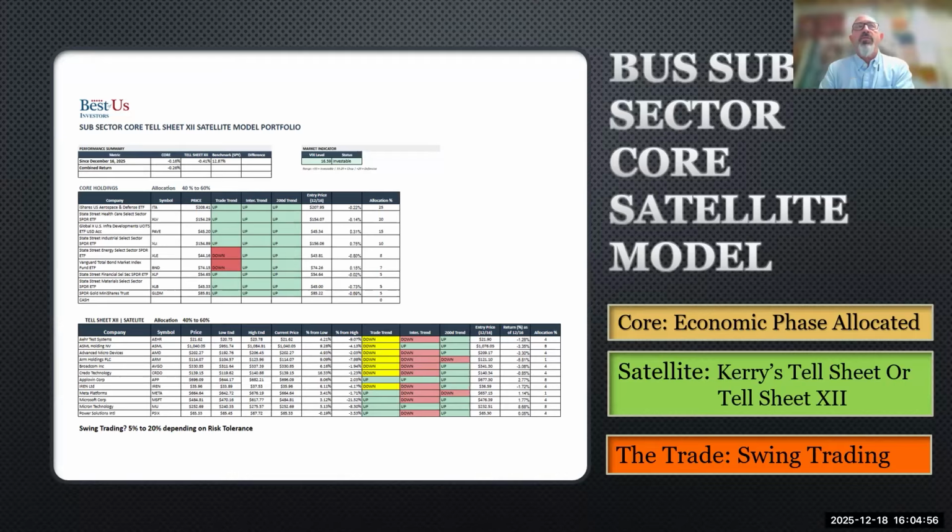Now, the thing about these portfolios that you can see here as well, I talk about my intermediate trend and Tudor Jones 200-day moving averages. And I put this on here because I'm still risk managing. I'm still using my technical analysis approach that Mark uses that he talked about.